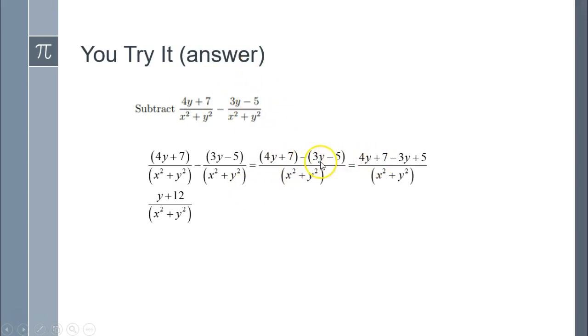Now, a negative in front of the parentheses takes that positive 3y and turns it into a subtracted 3y. The subtracted 5 inside becomes an added 5 when you remove the parentheses. Combining like terms, I get y plus 12, and this does not reduce at all, and nothing else factors.